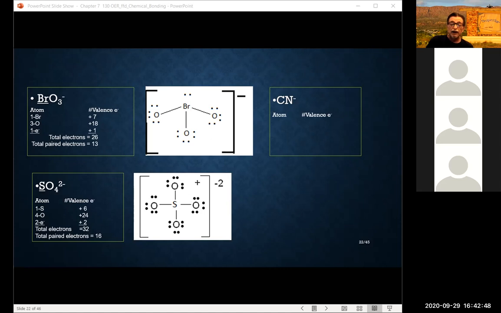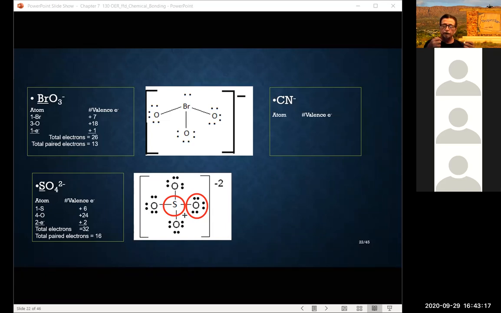And then check the octet for each one, and notice that around that oxygen, and the same for all the other 3 oxygens, we have 8 electrons. And when you look around the sulfur, we have the 4 lines that represent 2 electrons each. That's the bond. It has 8, so the octet is fulfilled, and that is the formula, or the Lewis dot structure for the sulfate, the SO4 negative 2.